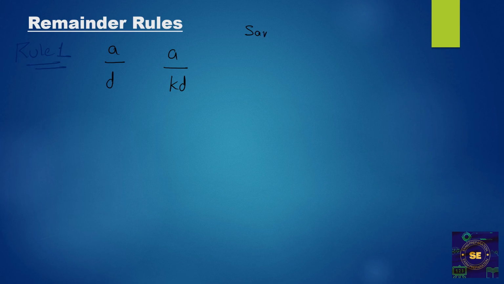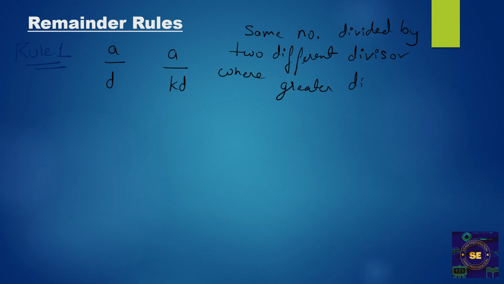So in simple language: the same number divided by two different divisors, where the greater divisor is a multiple of the smaller divisor.